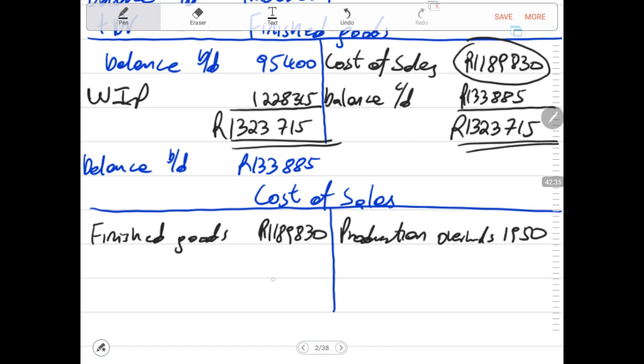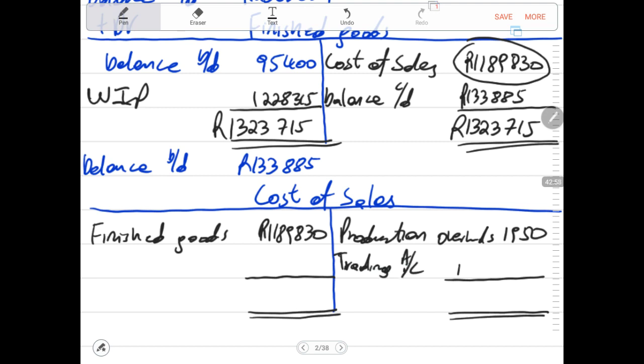Then we need to determine what we call the trading account amount, meaning the amount that will go to the profit and loss, or the net sales. Remember, this is the amount of the cost of sales that will go to the trading account.